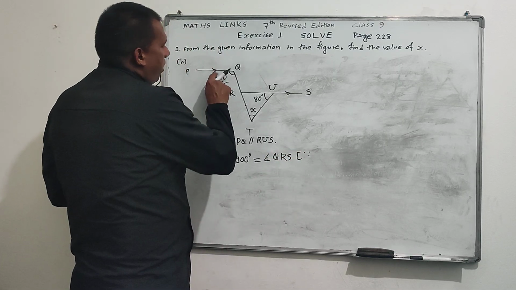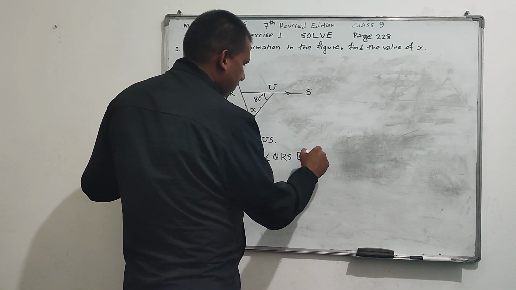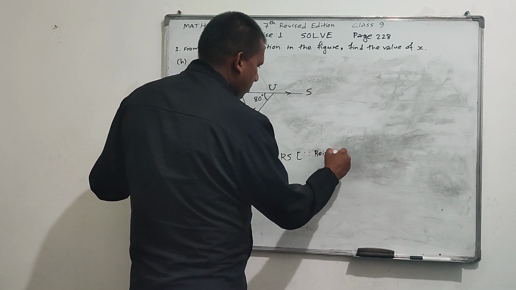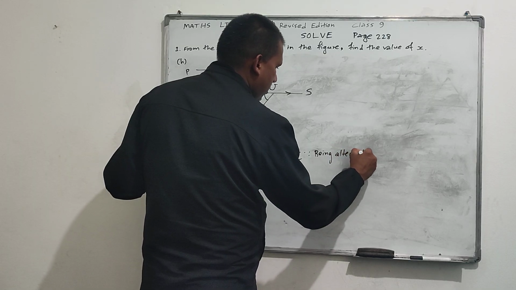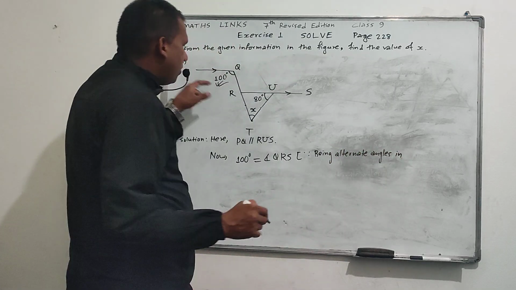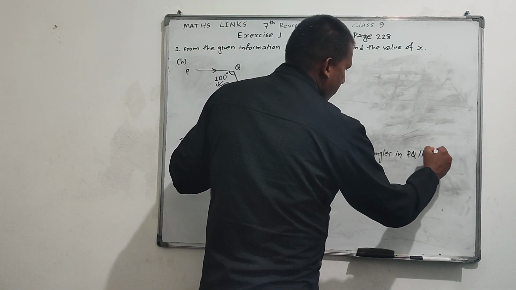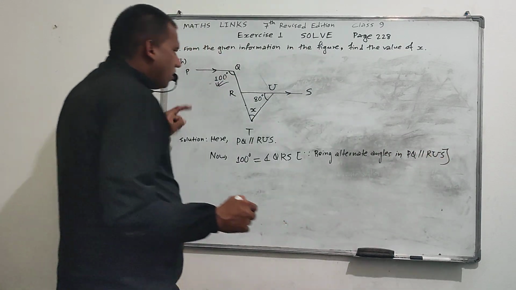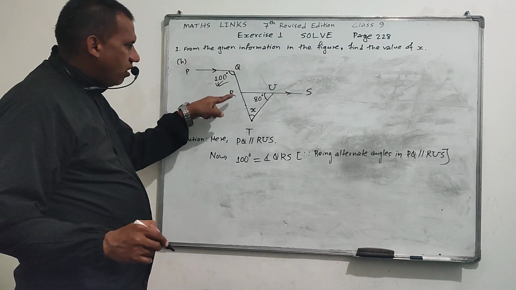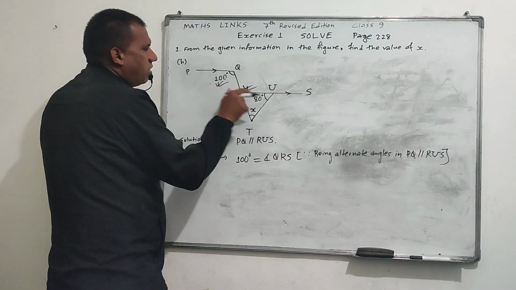These are alternate angles in PQ parallel RUS, being alternate angles in PQ parallel RUS. 100 equals angle QRS.